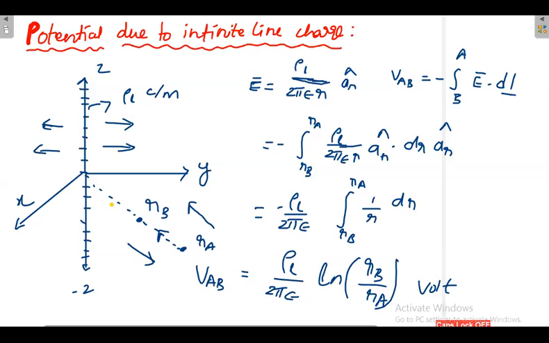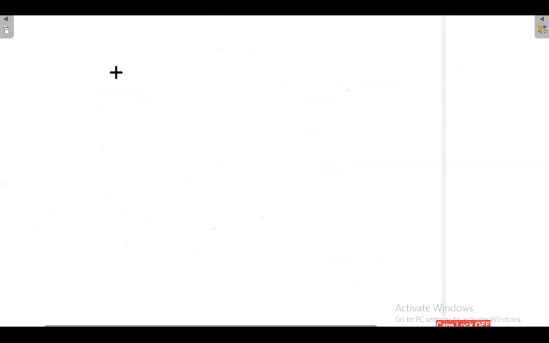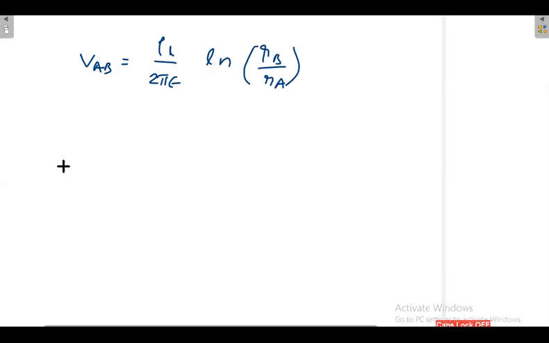So what is the observation from this? VAB is equal to rho L divided by 2 pi epsilon ln RB divided by RA. I have chosen a point like this: this is RB and this is RA.